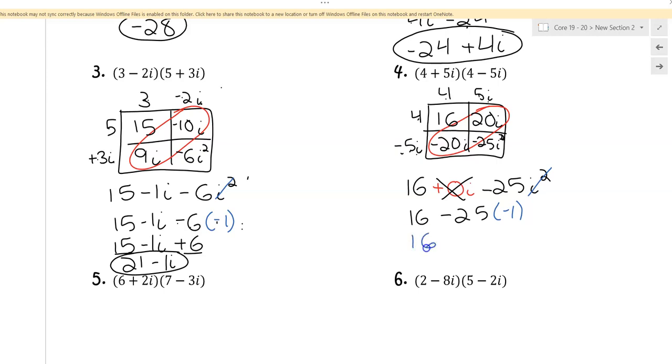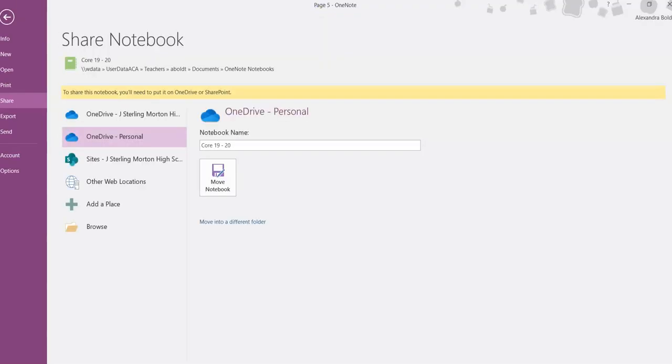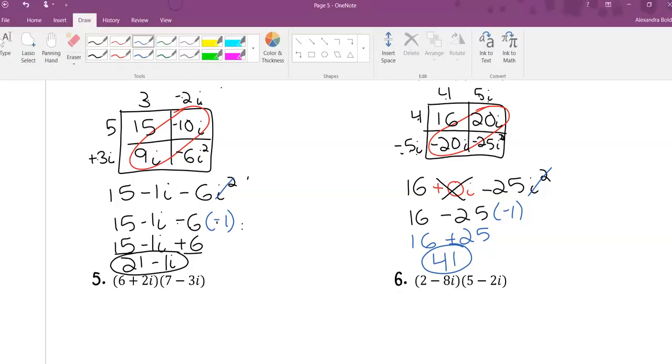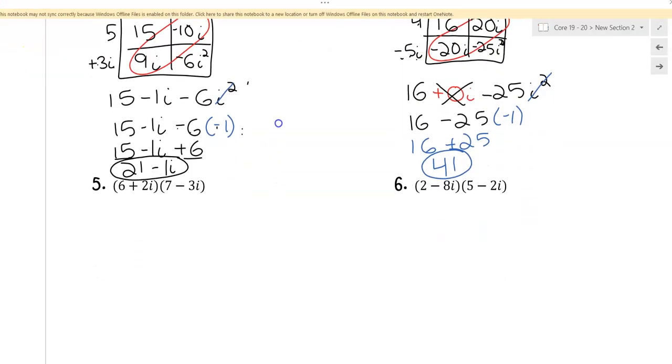So that means I have 16, and negative 25 times negative 1 is plus 25. And 16 plus 25 is 41. So the i goes away completely there.